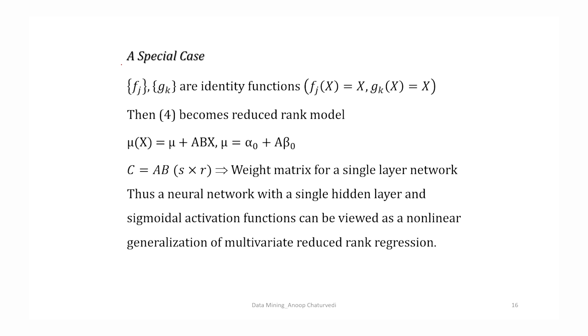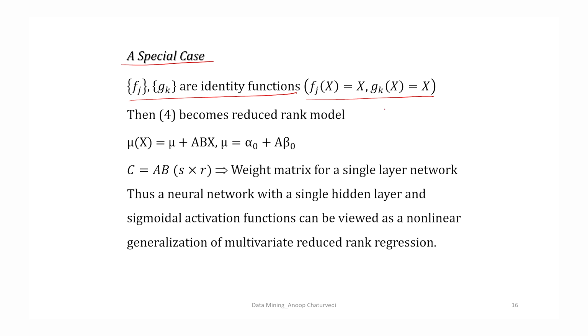Now, we consider a special case. Suppose both f j and g k are identity functions. Identity functions means f j of x is equal to x and g k of x is equal to x. Then what do we get?